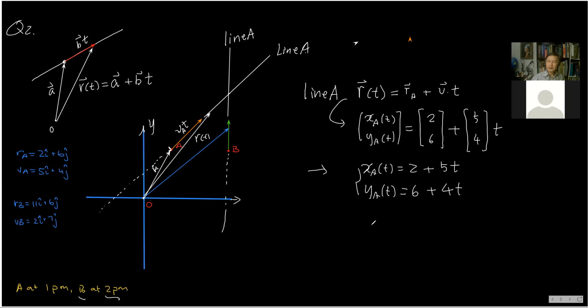And for B, similarly, we can work out in the same way the coordinates for boat B. You know what I'm doing now. Basically, we don't have to use vectors now. We just use matrix form. The first one is the position.